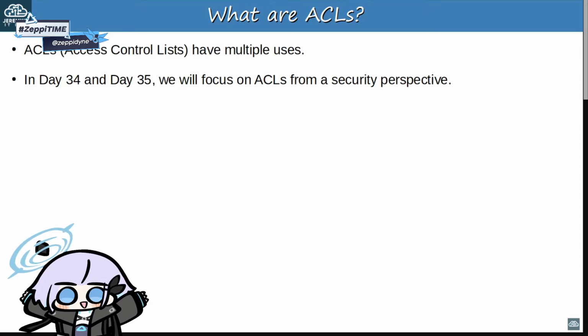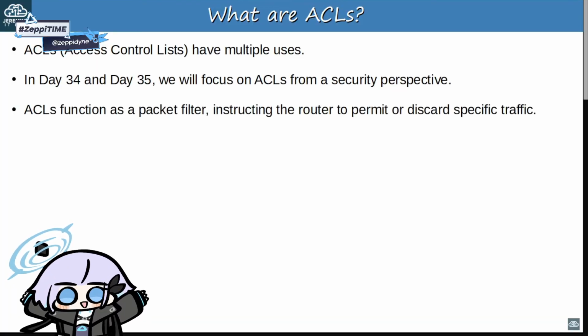Controlling who has access to different parts of the network. So, when using ACLs in this way, ACLs function as a packet filter, instructing the router to permit or discard specific traffic. As you know, if a router receives a packet and it has a route to the packet's destination, it will by default forward the packet according to its routing table. However, ACLs let us control that.